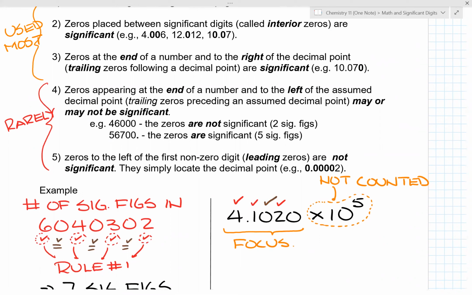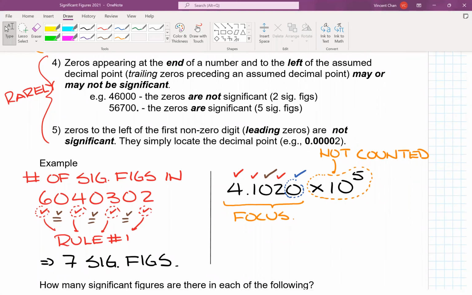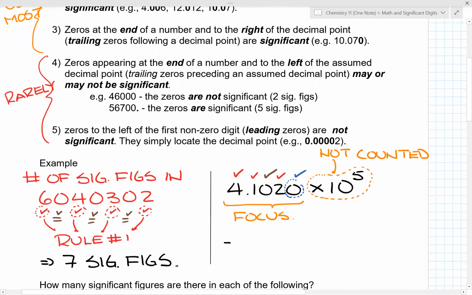How about the last 0 right after the 2? It says zeros at the end of a number and to the right of the decimal place are significant. Since this last 0 is to the right of the decimal place at the end of a number, it is also important. Because I have 5 check marks, I have 5 significant digits or significant figures.